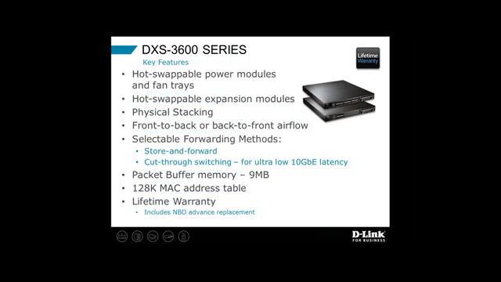The 3600 has hot swappable power supplies, so dual redundant power supplies, 3 fans that are hot swappable. It supports features like physical stacking, and as I mentioned previously, store and forward or cut-through switching for lower latency in data center type of applications.